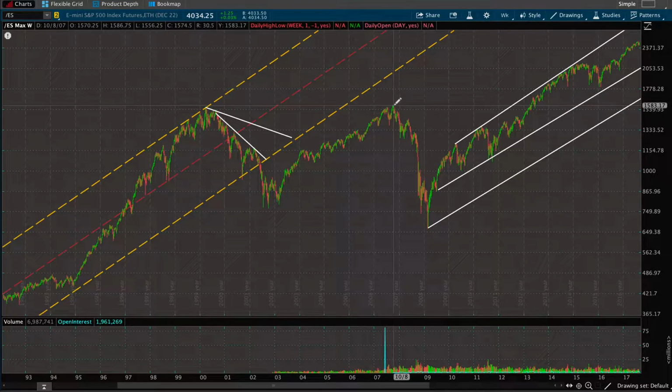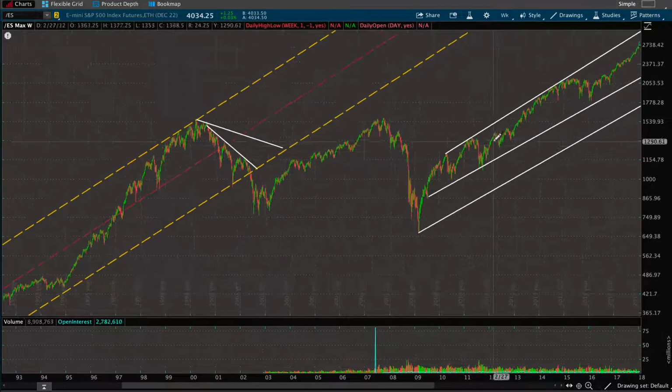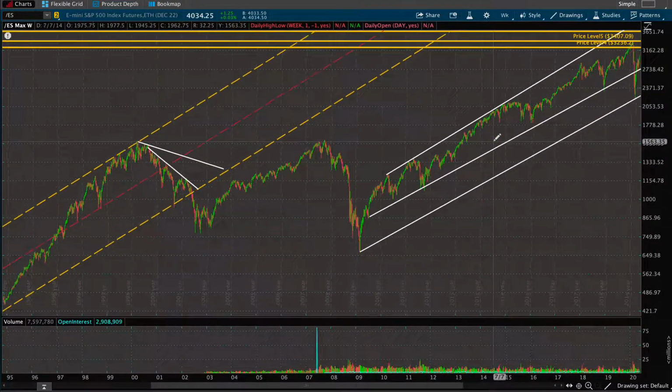We see it touching that again in 2007, and then a break of that high in 2013. 13 years. Very interesting. So again, I am not here to predict and say that that's what's going to happen.